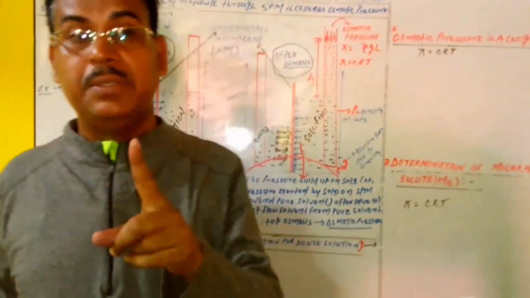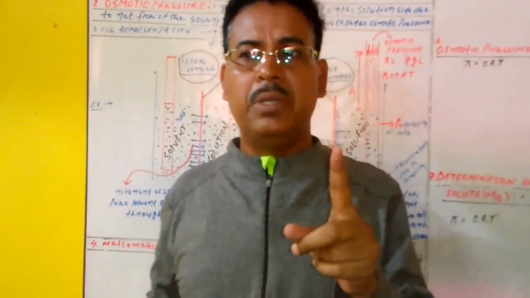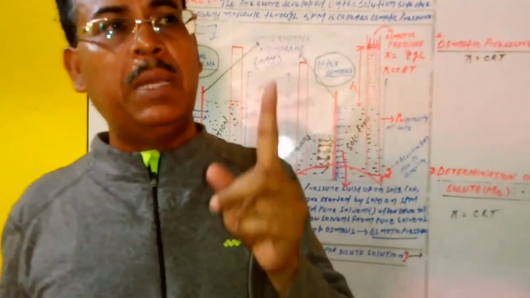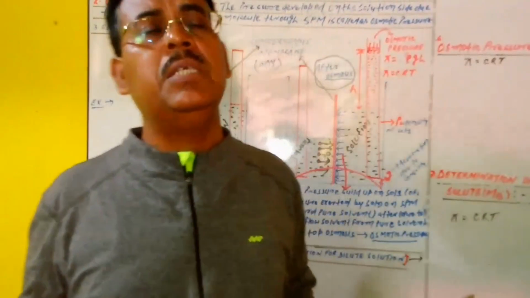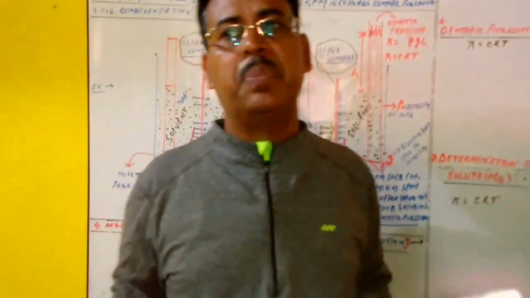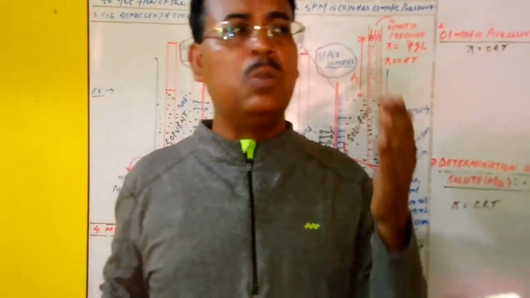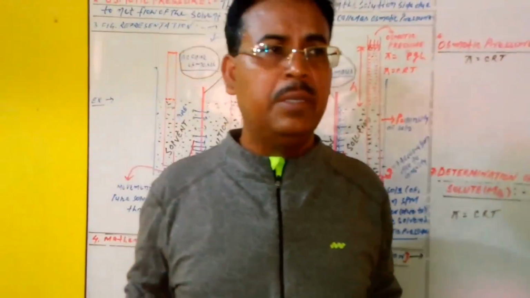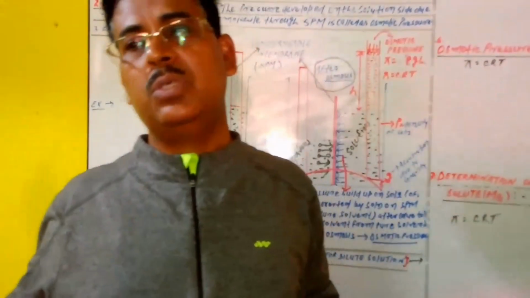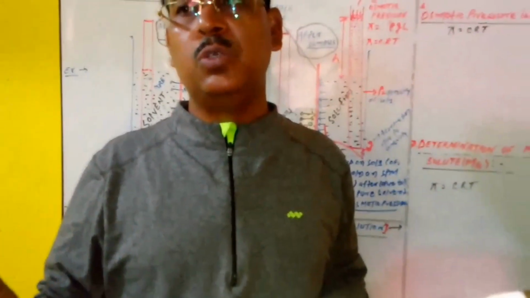Again, when a pure solvent is separated from a solution by a very thin semi-permeable membrane, solvent particles start to flow from the pure solvent side into the solution. That phenomenon is called osmosis.